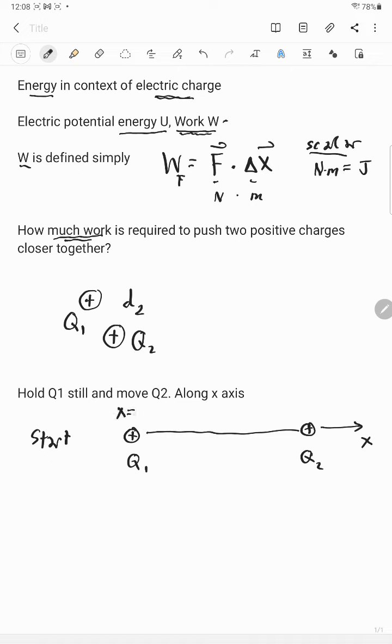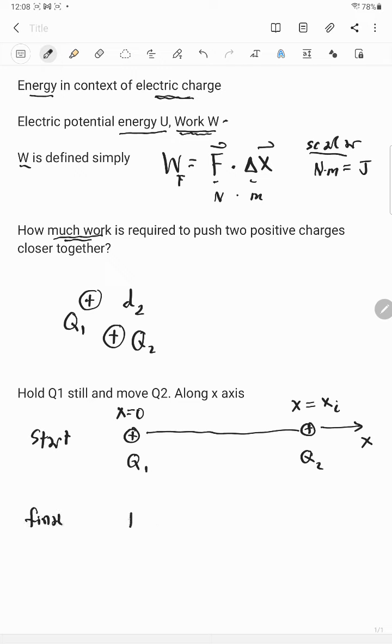That's pretty easy to imagine. And let's say that Q2 is at x equals, say, x initial, right?